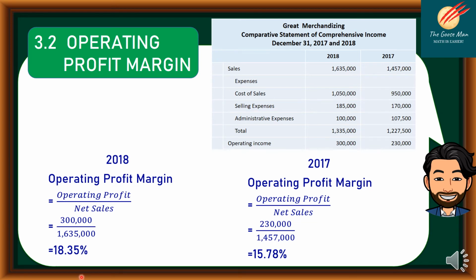Since the only figure between the gross profit and operating profit margin is the operating expenses, the increase in operating profit margin may indicate that the business has instituted some controls to effectively manage the incurrence of costs and expenses.